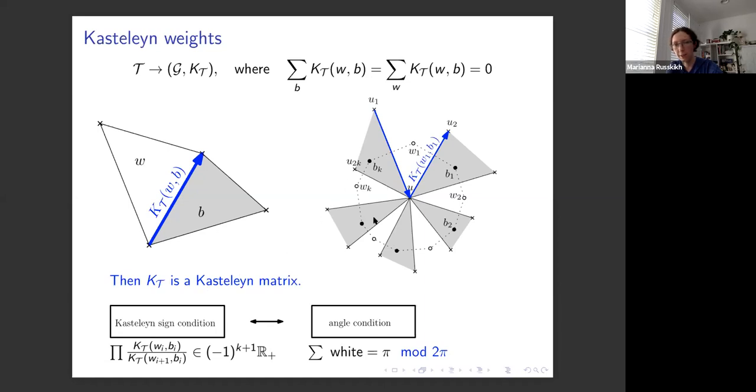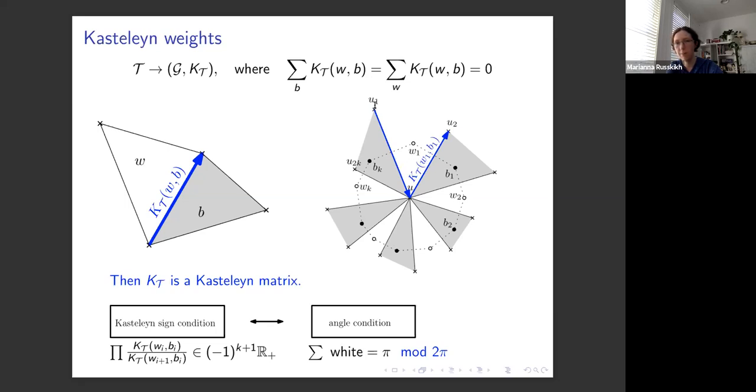Note that the faces of the bipartite graph correspond to the vertices of our t-embedding. And now, what is the ratio of two neighboring Kasteleyn weights? Note that the argument of this ratio is nothing else than the argument of this angle, right?